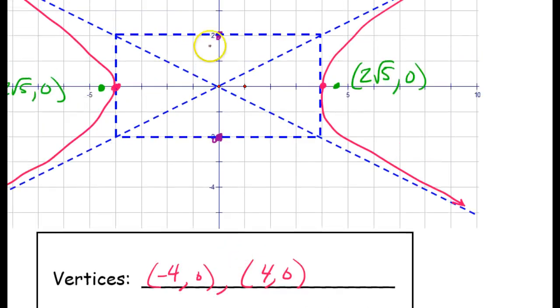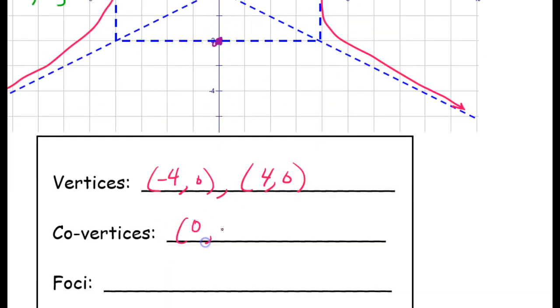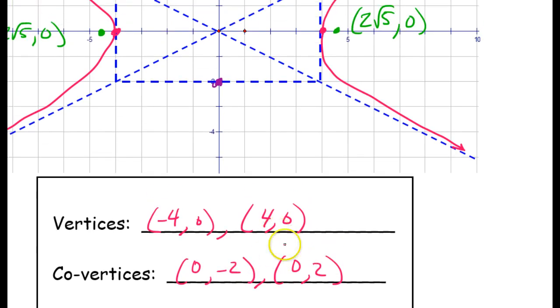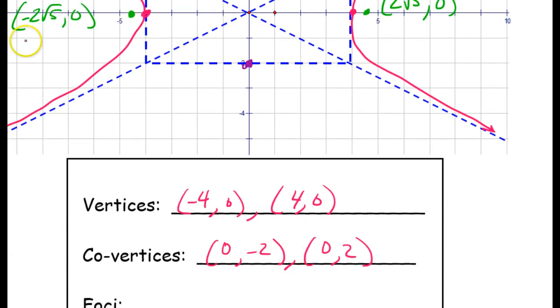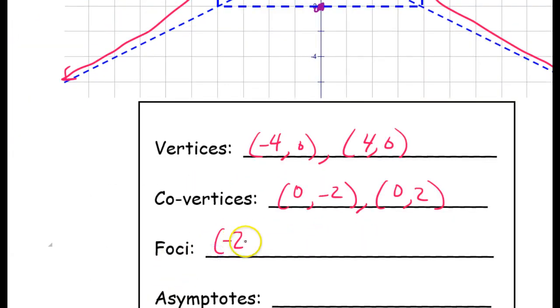The co-vertices, these purple dots, are 0, negative 2, and 0, 2. And the foci, we just talked about that, are negative 2 radical 5 comma 0 and positive 2 radical 5 comma 0.